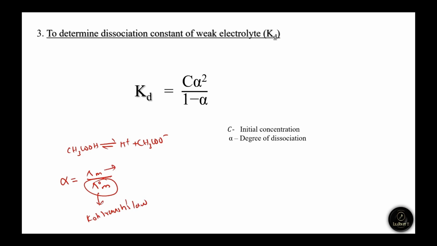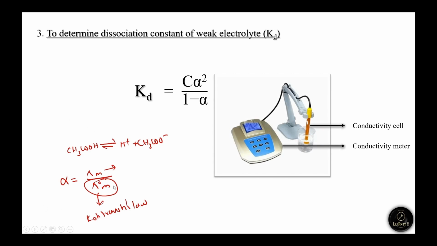So what about lambda m? So lambda m is calculated by using a cell called a conductivity cell. So this is the conductivity cell and this is the conductivity meter. This shows the specific conductance, that is K, of the solution at the given concentration. So K is calculated here.